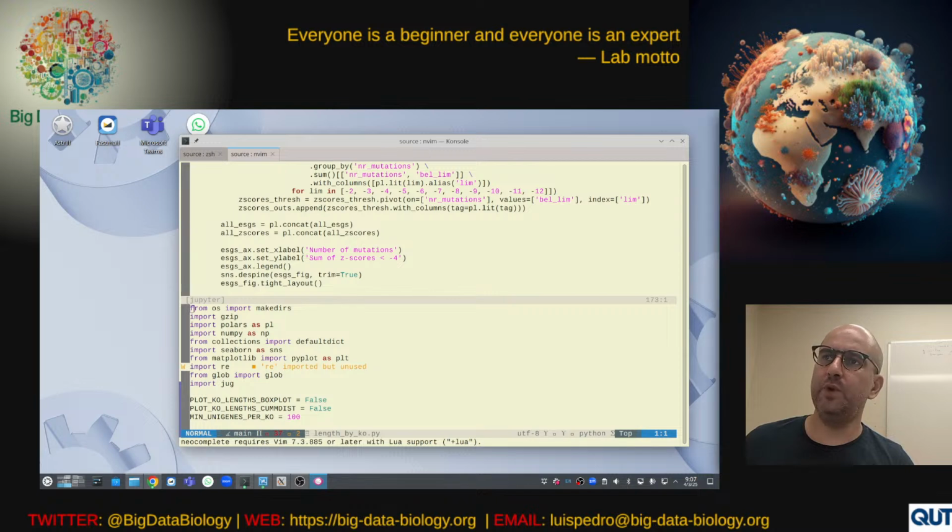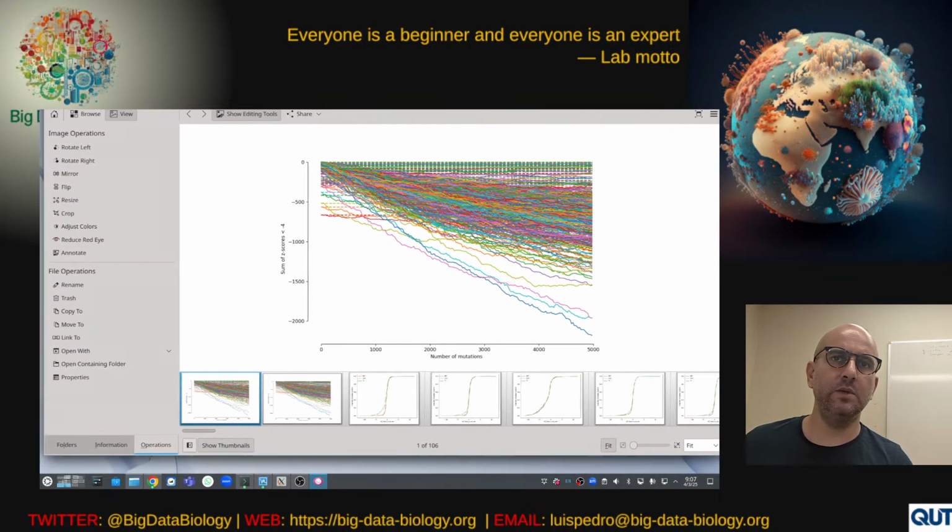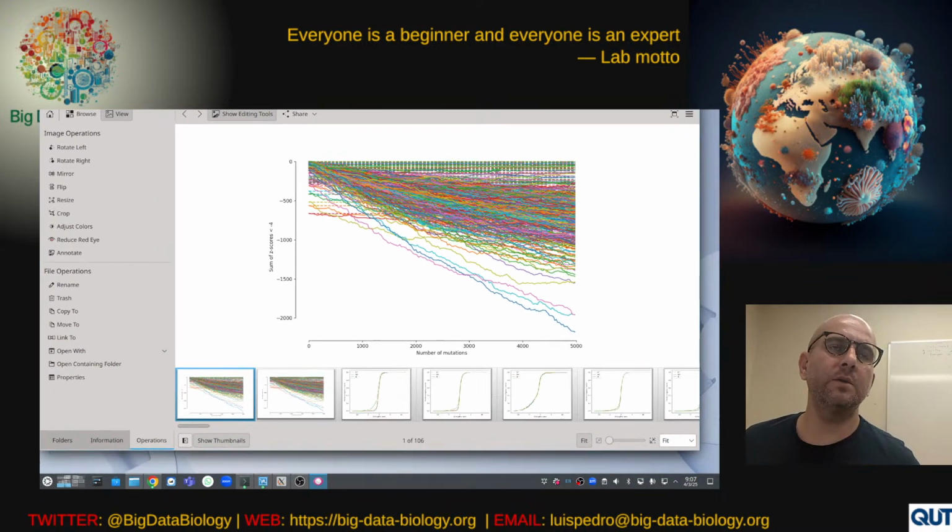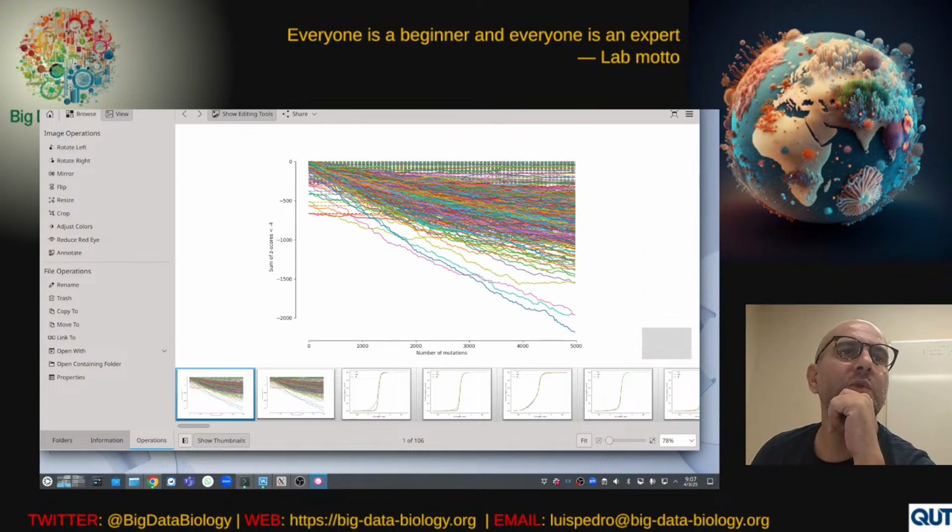No, instead of recreating it, this is what we got. So this is the metric that we've been using. Z scores below -4, and you can see that there's basically a handful.